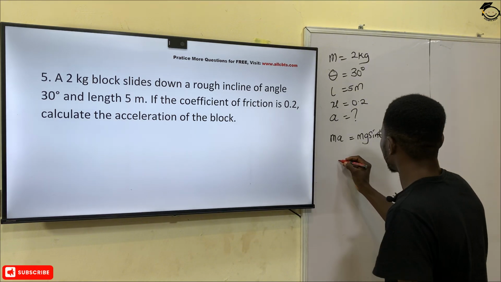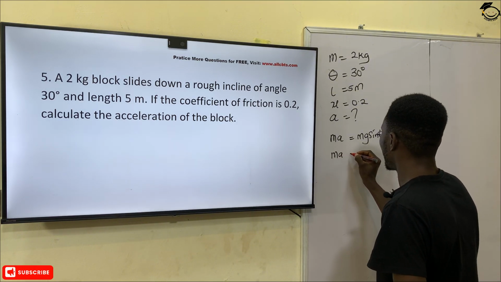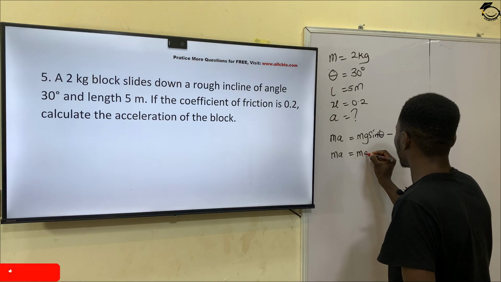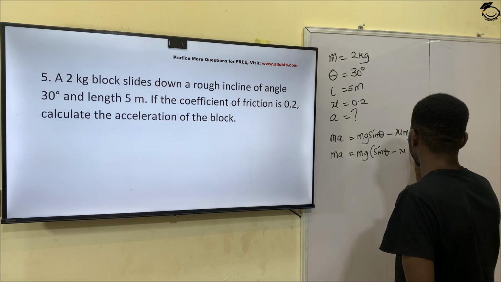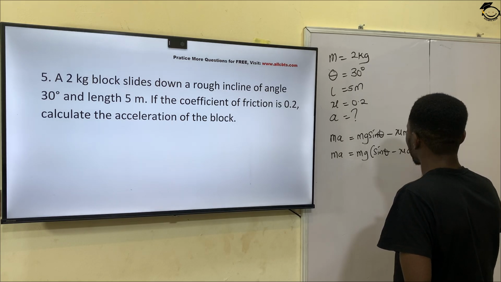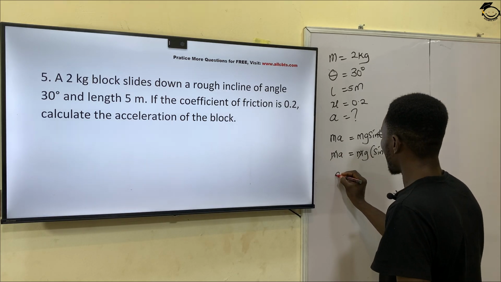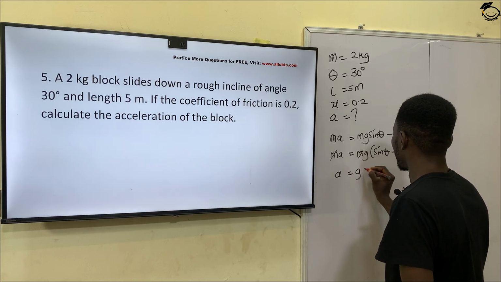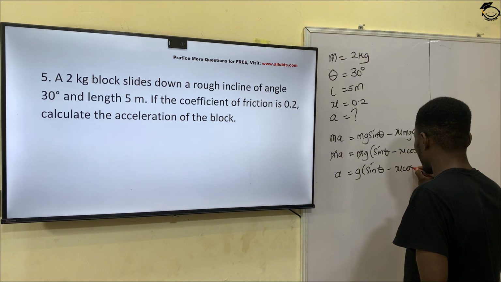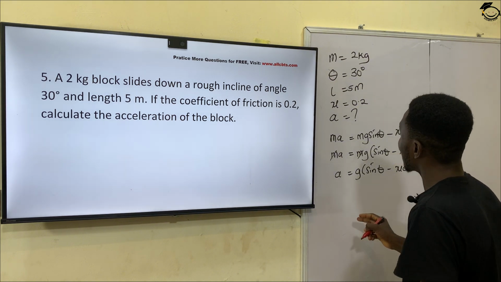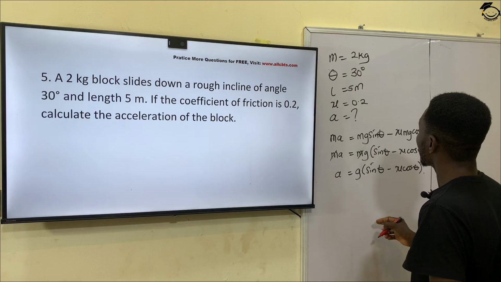So this is the same thing as saying that I have mass times acceleration equals mg in bracket sine theta minus mu cos theta. So our m will cancel m, so it means that my a is equal to g open bracket sine theta minus mu cos theta.